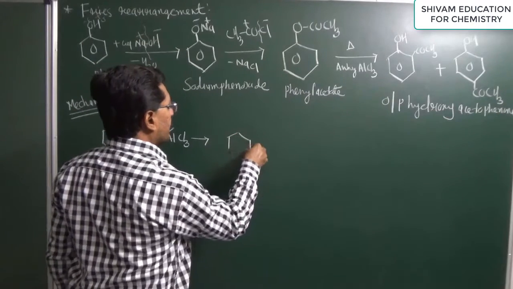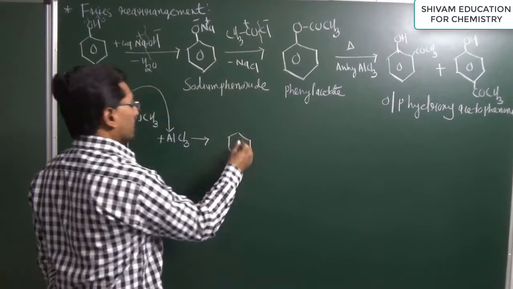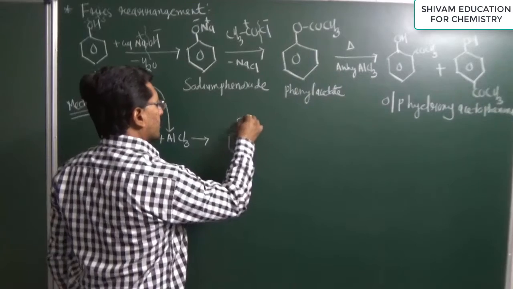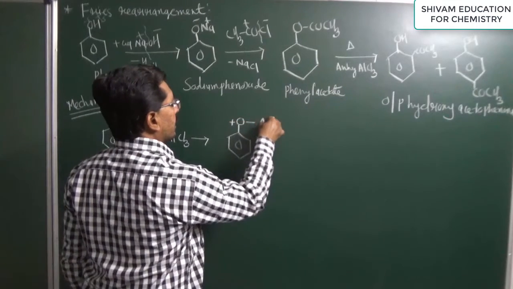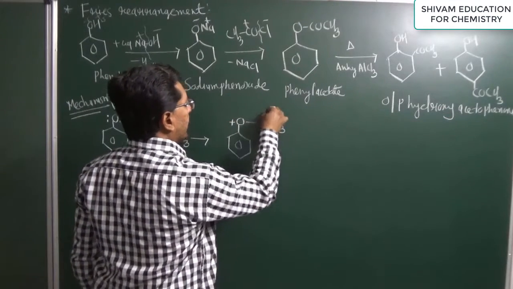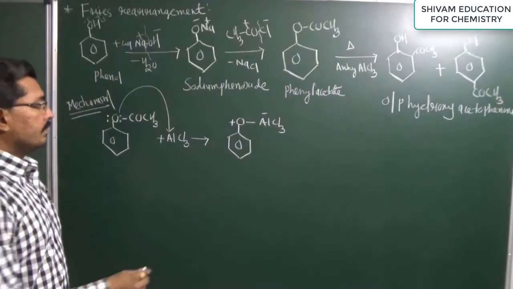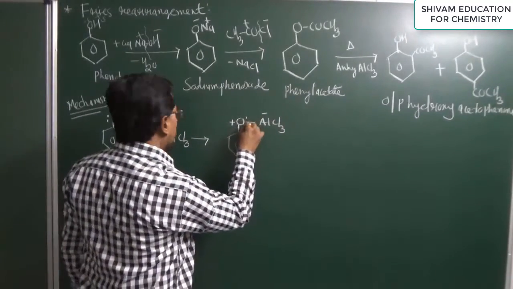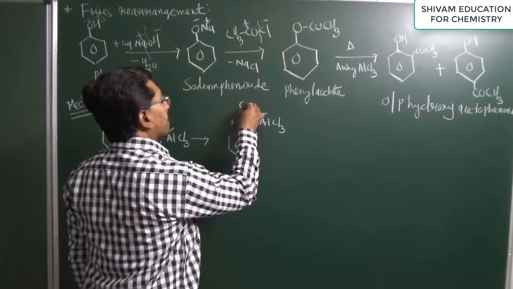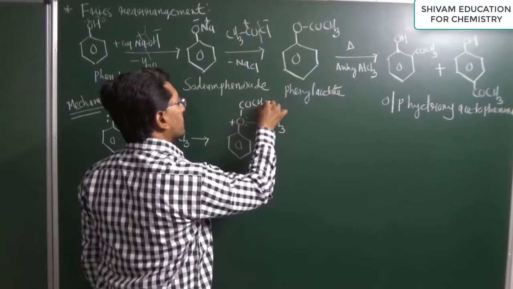Now oxygen has given an electron pair to aluminium, so this oxygen has a positive charge, and here AlCl3 gets a negative charge. Oxygen has only one non-bonding electron pair, and here we have the aceto group COCH3.